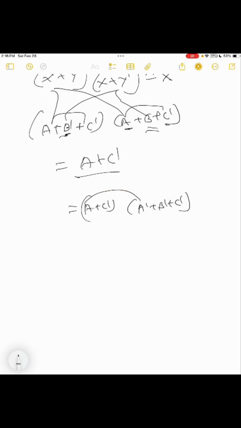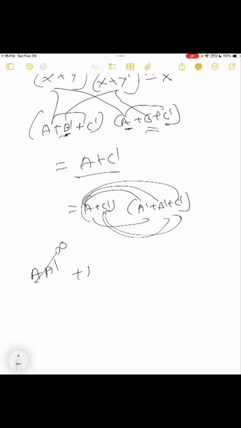So let's multiply them inside. A times A dash is 0, then A B dash, A C dash, plus C dash B dash and C dash times C dash.